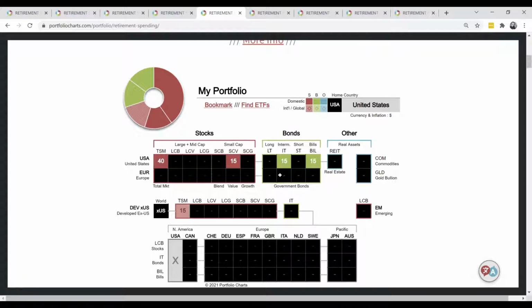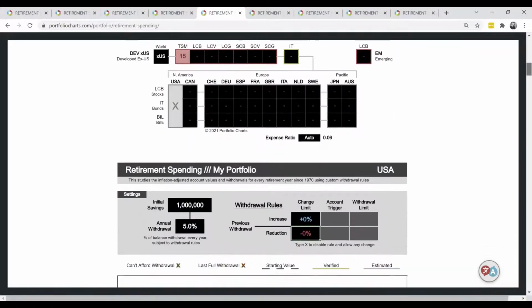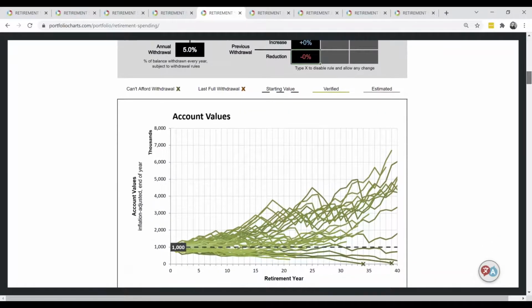Then they've got some intermediate term bonds or short-term bonds, and then they've got about 70% of their portfolio in stocks. And this is kind of typical to have 40% in total stock market, a smaller portion in small cap value, and then some in international.